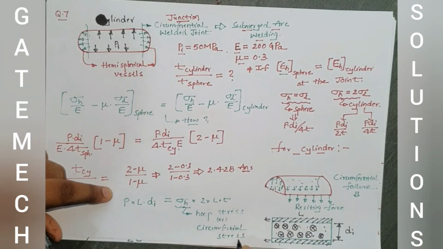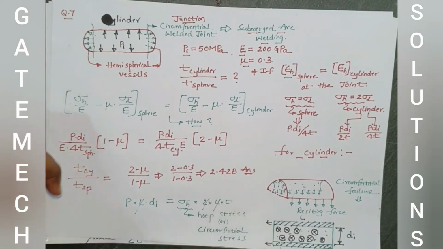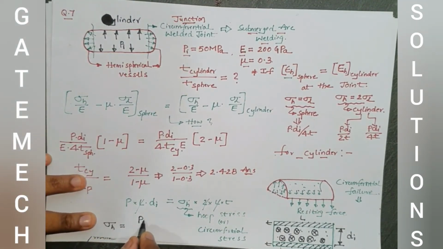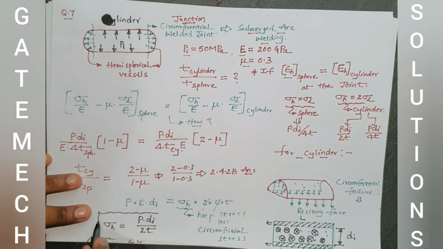From this, L gets cancelled out. There you will get the hoop stress formula as PD divided by 2T. Di indicates the inner diameter of the cylinder.